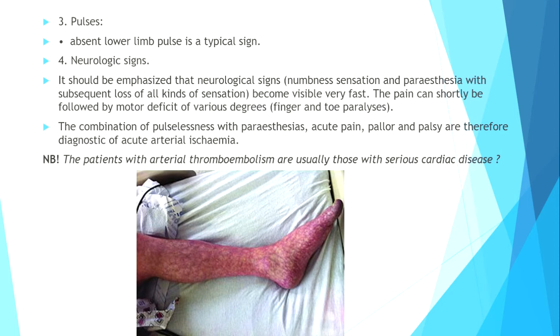The combination of pulselessness with paresthesias, acute pain, pallor and palsy is therefore diagnostic of acute arterial ischemia. Patients with arterial thromboembolism are usually those with serious cardiac disease. May be or may not be, but you must check this.